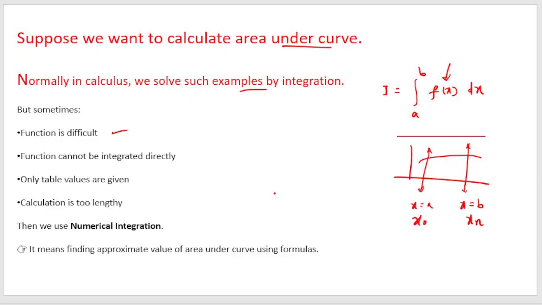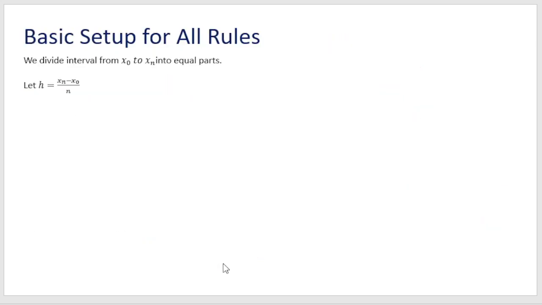They will give you only table values. Or the calculation is too lengthy if we use the analytical method. Then we have to use numerical integration. I think it is now clear why we have to study numerical integration, and it plays a very important role when there is an irregular field. It means finding the approximate value of the area under the curve using these three formulas.